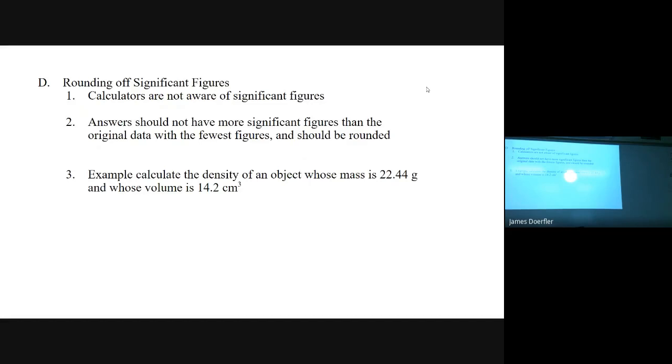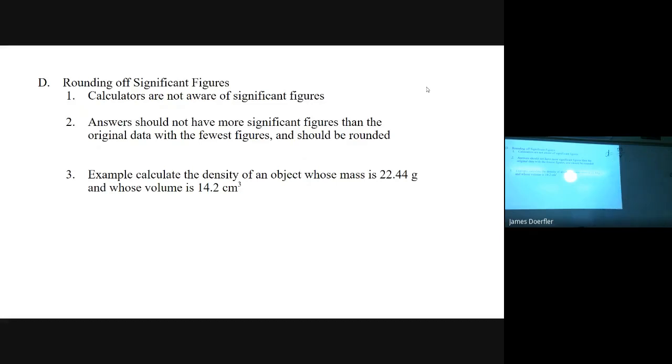Here's a question. We are to calculate the density of an object whose mass is 22.44 grams and whose volume is 14.2 cubic centimeters. Don't forget, density is equal to mass divided by volume.